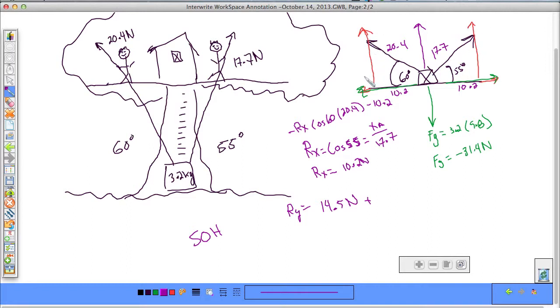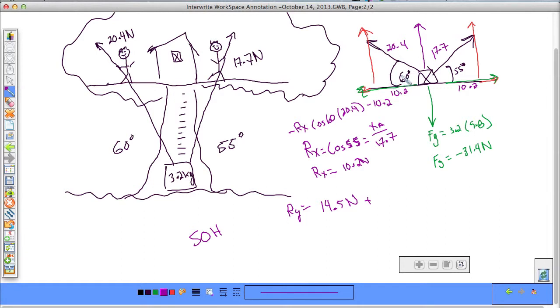And notice these are both going in the same direction, so they add to each other as opposed to our x's that subtract from each other, right? And so I take a look at this, and what is that going to be? 20.4 times the sine of 60.